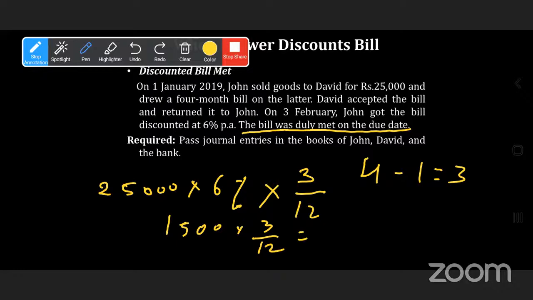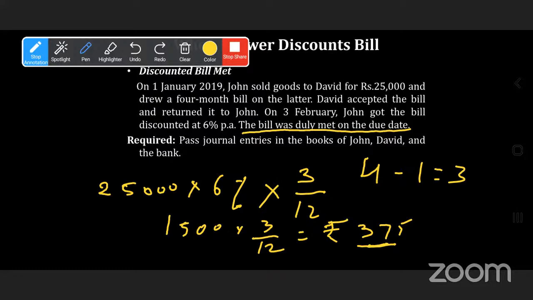It is 375. So 375 is the amount discounted by the bank. Now you have to pass the journal entry.